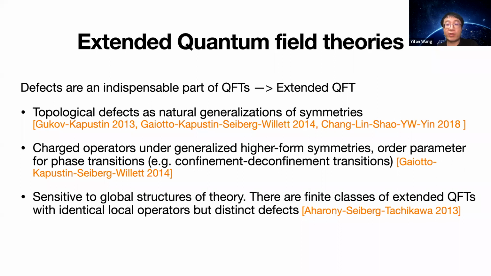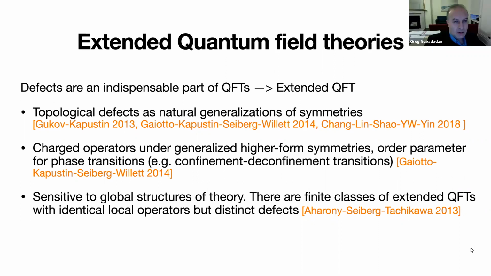So it's known that, for example, there is a finite class of extended QFTs, which by definition are QFTs with a specific set of consistent defect operators, there's a finite class of such consistent theories with identical local operators, but distinct defect spectrum. So a particular case in QCD-like theories has been explored in this paper.